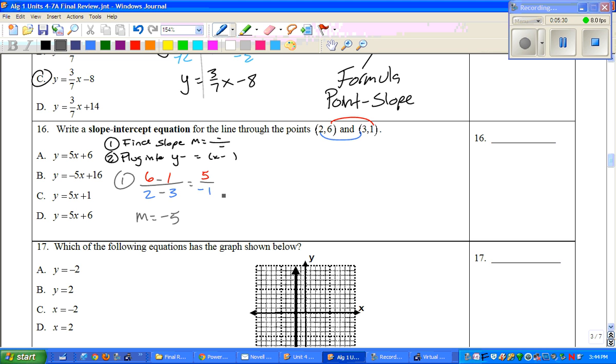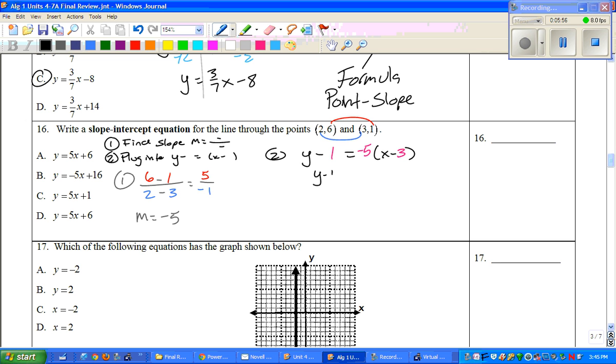Now you can pick either point. It doesn't matter which one you do. I'm going to do 3, 1 because I'm lazy and I like smaller numbers. So y minus equals x minus. Remember that you need to plug in the slope and then your other information.